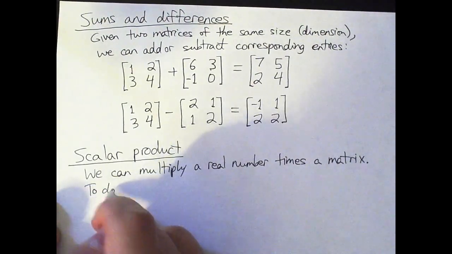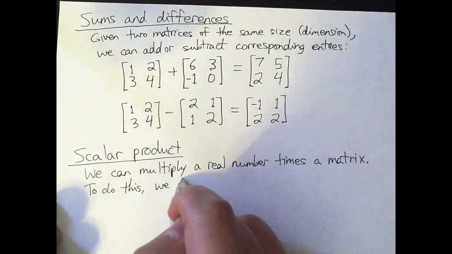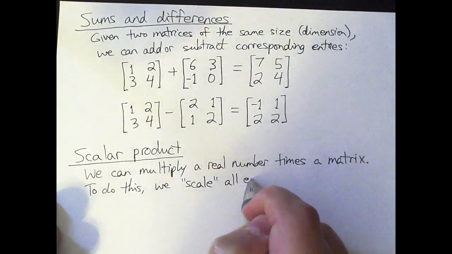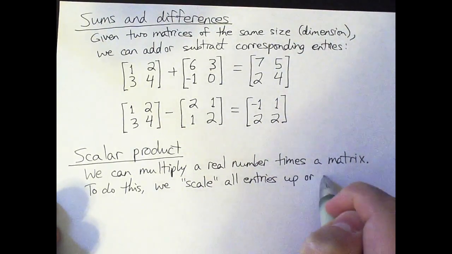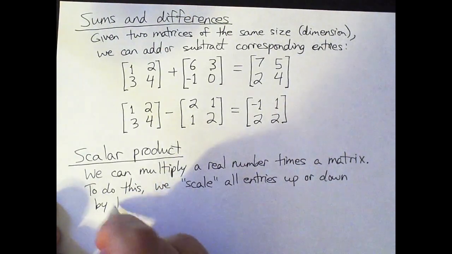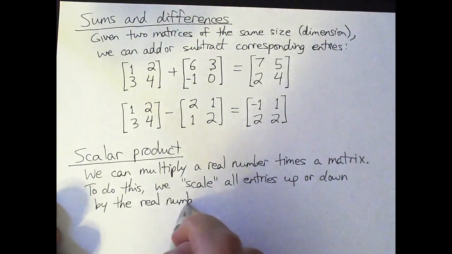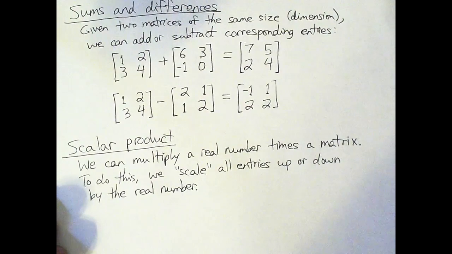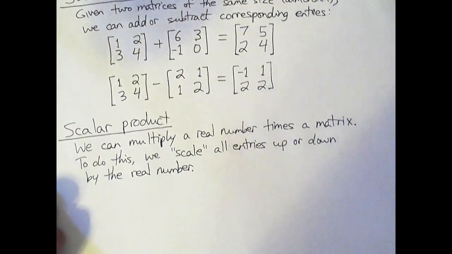To do this, we scale all entries up or down by the real number. I'll show you two examples of this. So this is going to be a real number times a matrix.